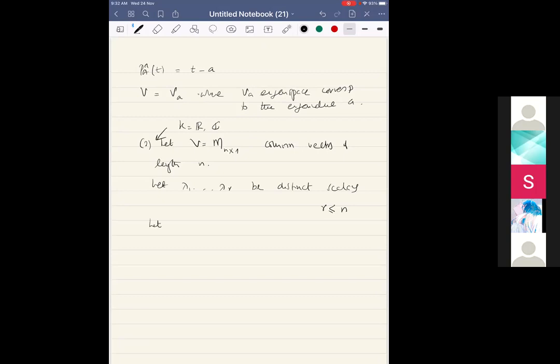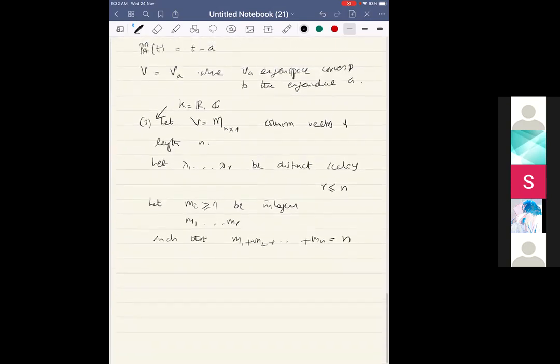Let m_i greater than or equal to 1 be integers m_1 to m_r such that m_1 plus m_2 plus ... plus m_r equal to n.